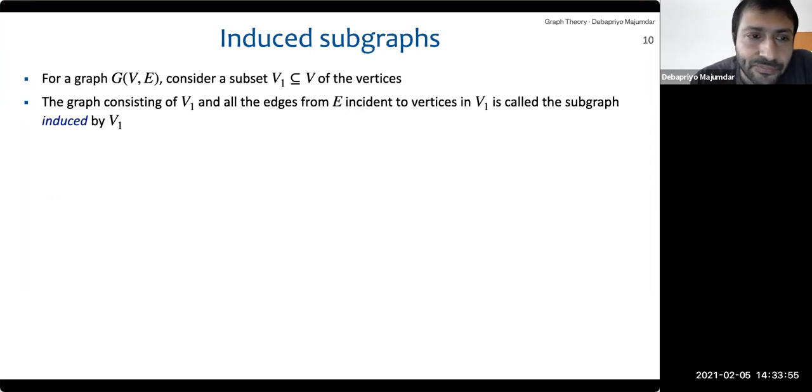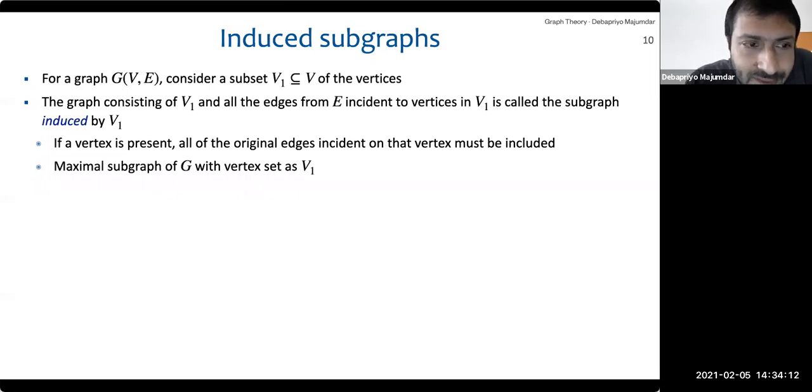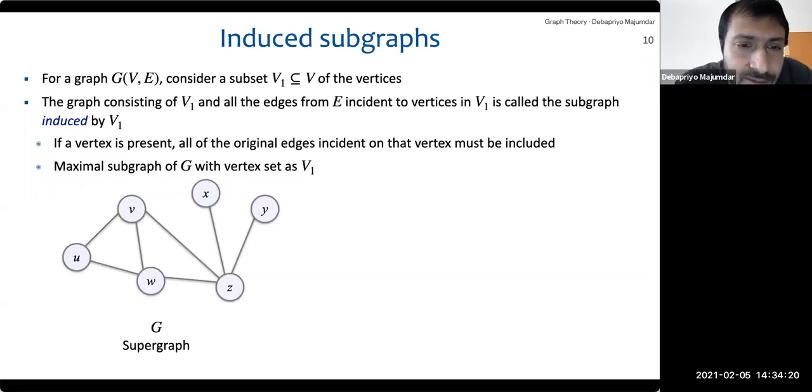That means if you keep a vertex from the original graph, then all the original edges incident on that vertex also must be there. So if you keep a vertex, keep all the connected edges. You can see that it's also a maximal subgraph of G with vertex set V1. Let's look at the picture again.